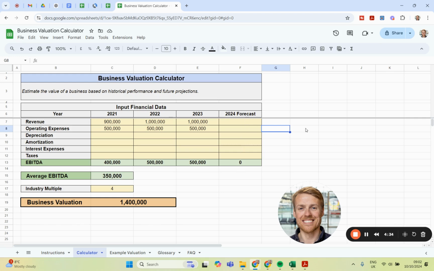I've had this in companies where we've had a lot of development, a lot of changes that we've done within the business, and those changes haven't quite reflected yet in the finances because it takes time for those changes to start having an effect. So I like to include a 12-month forecast, which is this column here, which basically incorporates those changes and helps to get a more rounded and accurate valuation on the business.